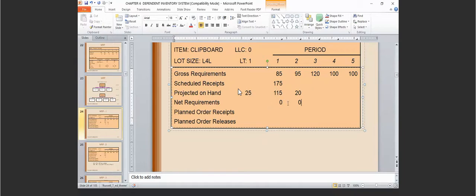So we mark the net requirement as 100 units, which means that we need 100 more units of the item to support the gross requirement of 120. So 120 minus 20, the net requirement will be 100.